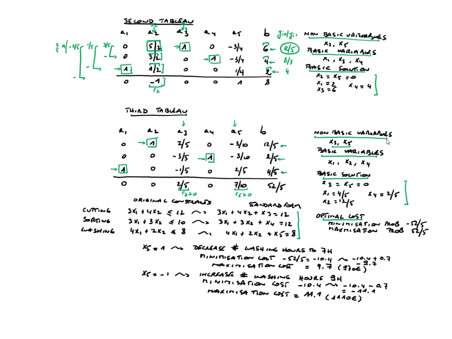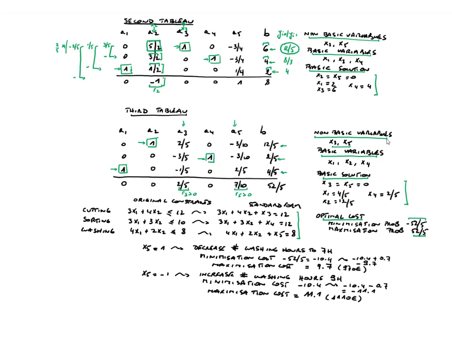Our problem is a minimization problem, so you have to take this one and take the opposite value, but the original problem was a maximization problem, so the original maximization problem has a cost of 52 over 5, and the minimization cost is minus 52 over 5.